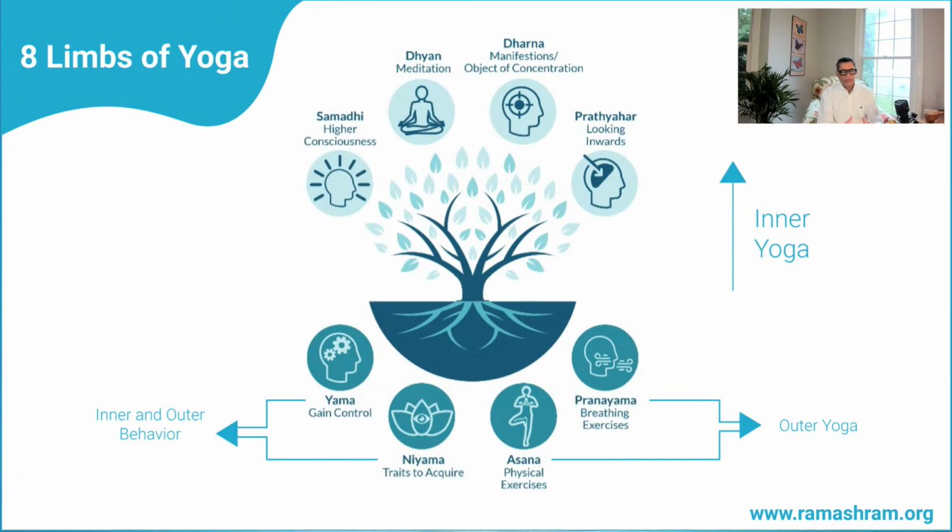And then there is the behavioral aspect, inner and outer behavior: what things we need to control, what things we need to acquire in terms of behavior, to have these 8 limbs, which would then result in the union with transcendental energy. So the goal of yoga is not to just be physically fit, or your body and breathing is well, but the whole body, mind, and soul needs to be in a place of what Guru Maharaj used to refer to as our natural state of samadhi, or higher consciousness, higher awareness.